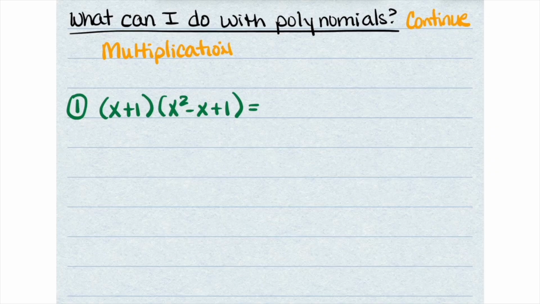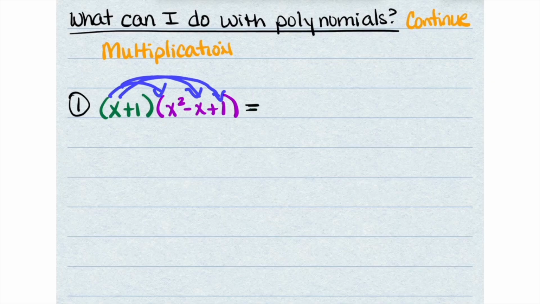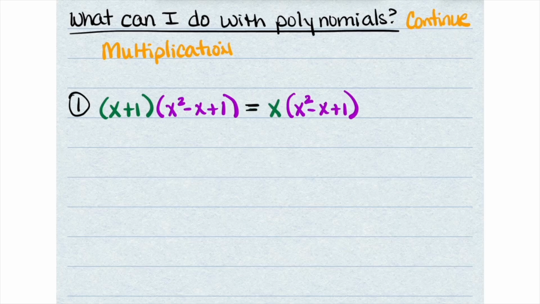So let's change the color. Okay, so let's do the x times that. If I were to write out what I'm thinking, I'm taking x and multiplying it to this, and I'm going to add it to the 1 times everything. That's essentially what you're doing.